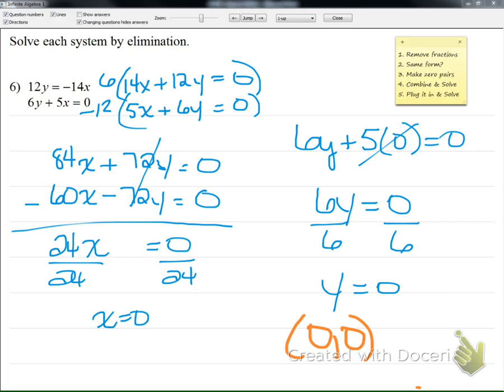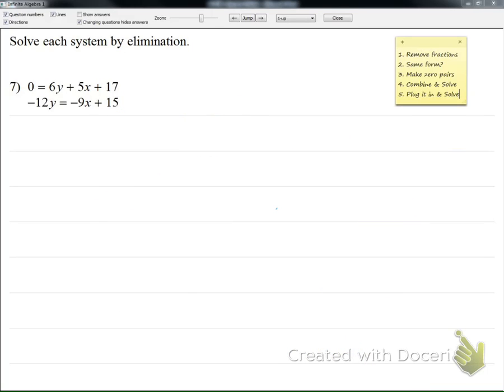Let me do problem number 7 with you. We do not have any fractions in this one. The equations are not in the same form. So I'm going to look at the first equation. I'm going to start with my x term, so I write 5x.